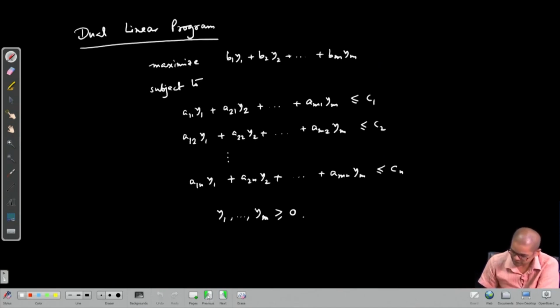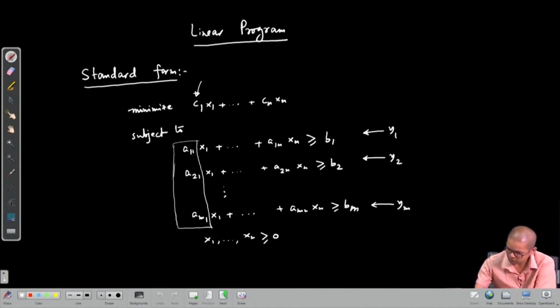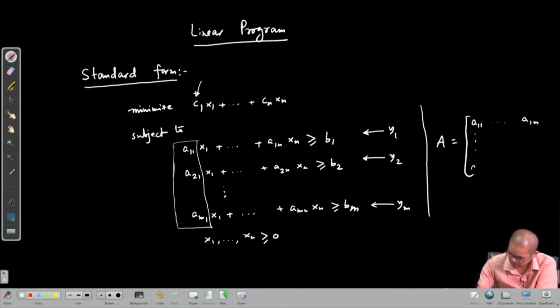By the way, if I write A equal to the matrix with entries a11 through a1n up to am1 through amn, this is called the coefficient matrix.